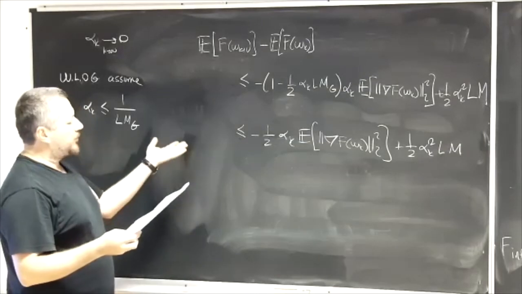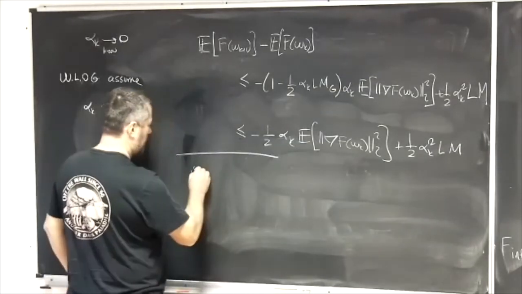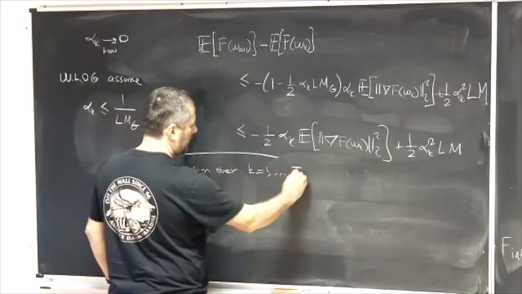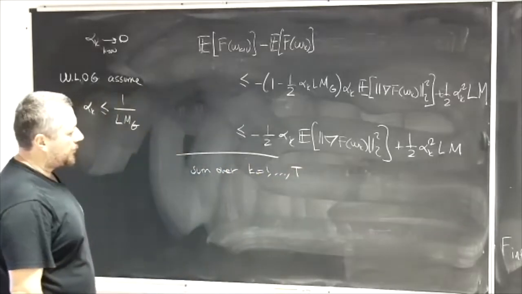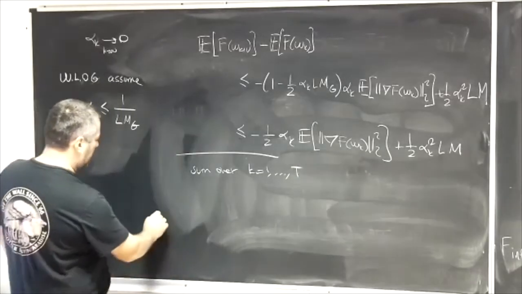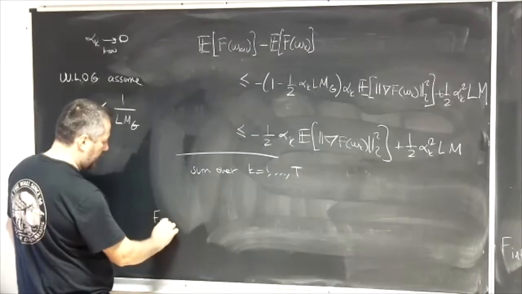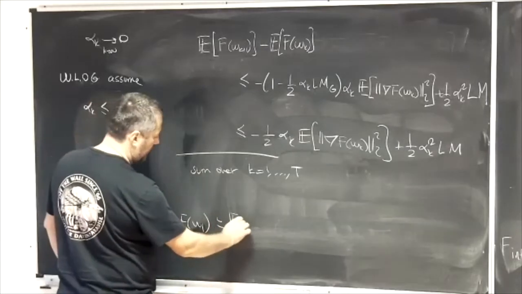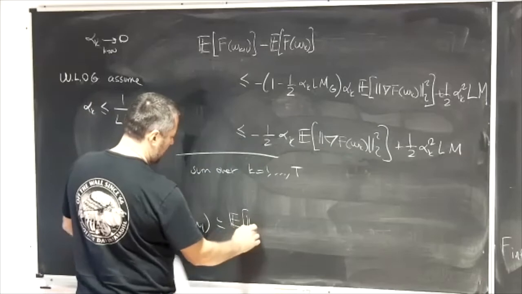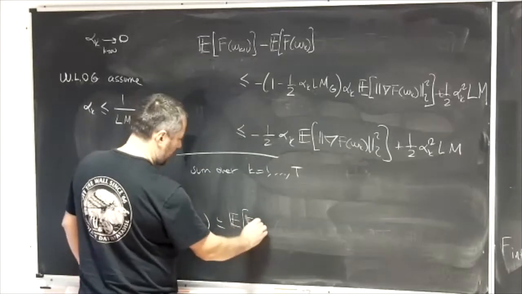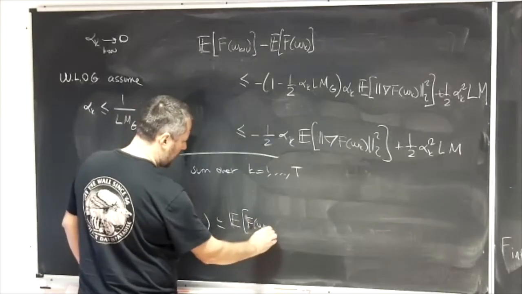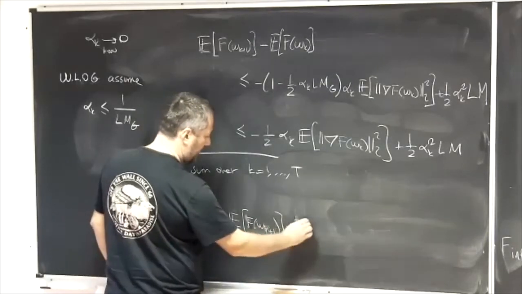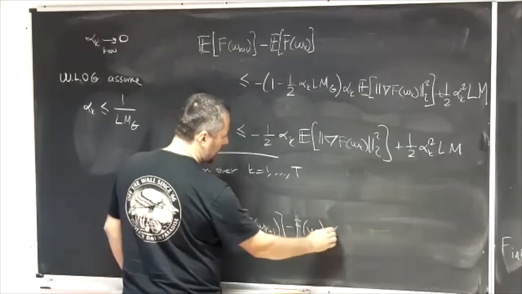And again, summing over k from 1 to t, the same thing: f inf minus f of omega 1 is smaller than or equal to the expected value of f of omega t plus 1 minus f of omega 1.